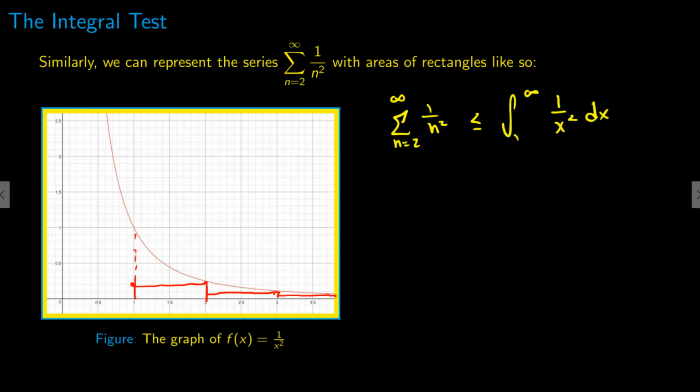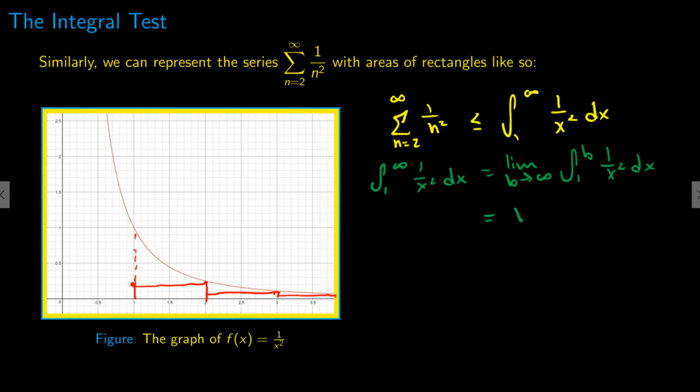And again, evaluating this, we're going to get that the integral from 1 to infinity of 1 over x squared dx is equal to the limit as b goes to infinity of the integral from 1 to b of 1 over x squared dx. And you can check that this is just going to be 1.